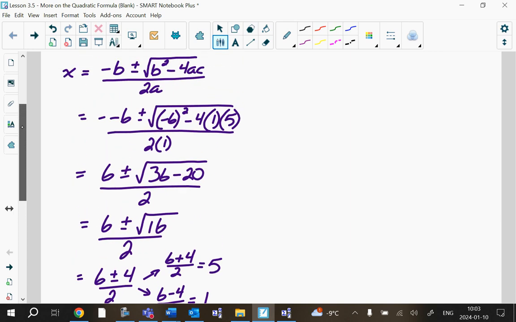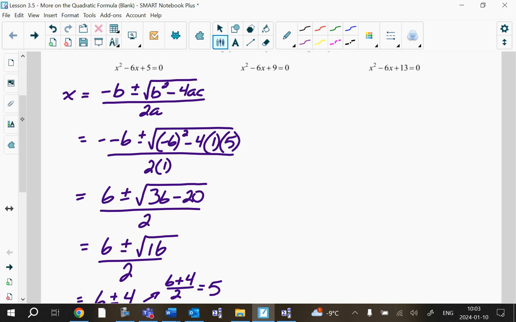This next one, let's just jump straight in to plug it in. So we get this negative 6 again, plus or minus the square root of negative 6 all squared, minus 4 times 1 times 9, divided by 2 times 1.